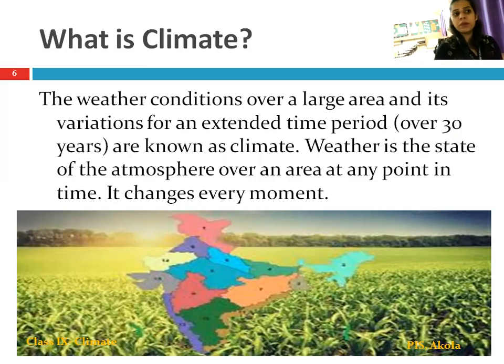So please remember, henceforth, whenever we talk about the condition of the day with regards to the atmosphere, it has to be referred to as weather. If you talk about Maharashtra, normally Maharashtra experiences a moderate climate.